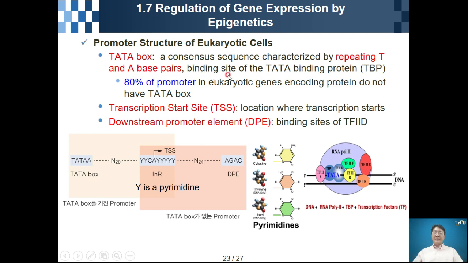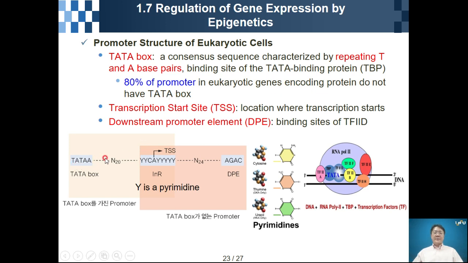This is the binding site of the TATA box binding protein, TBP. Usually 80% of promoters of protein-coding genes in eukaryotic cells do not have a TATA box, but we don't know why. Only 20% of promoters of eukaryotic protein-coding genes have the TATA box.